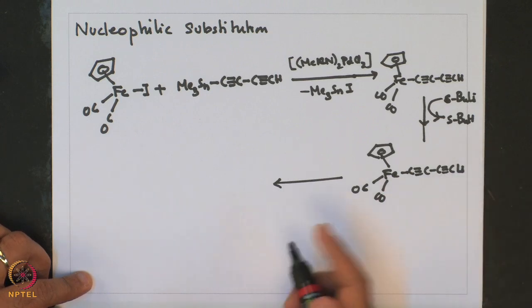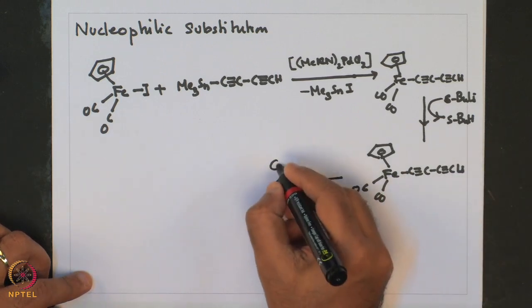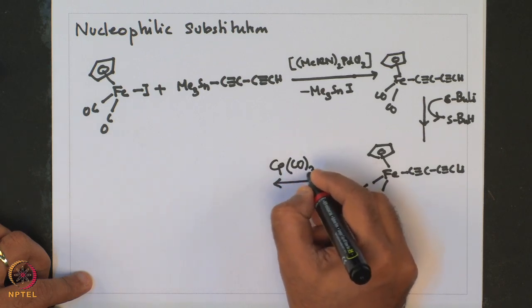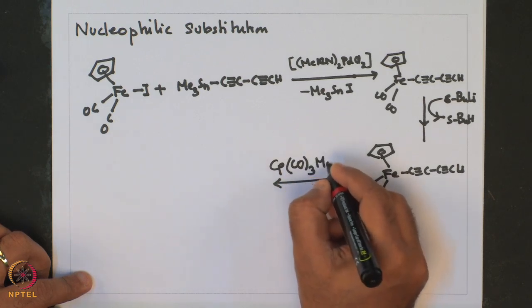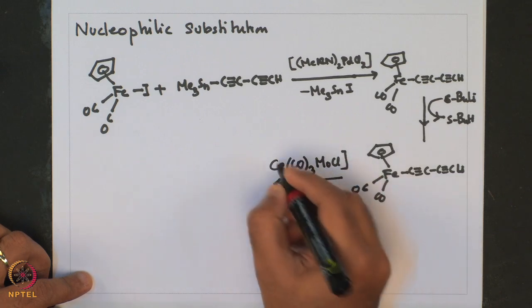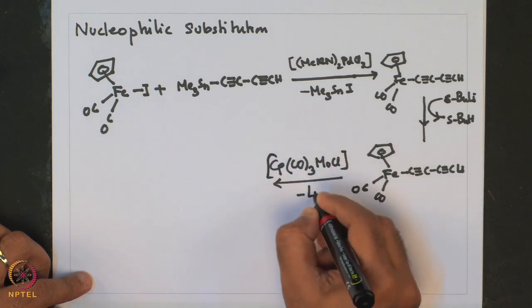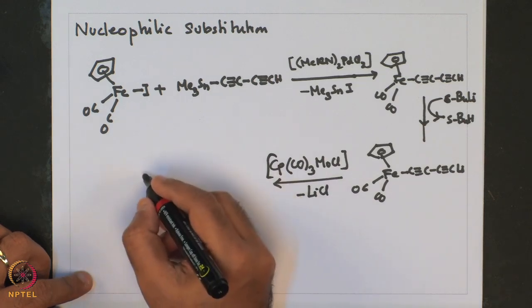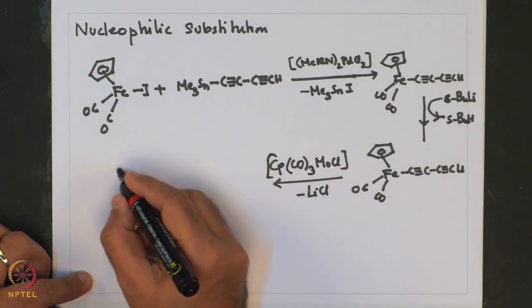Now, this lithiated complex reacts with Cp tricarbonyl molybdenum chloride, eliminating lithium chloride to give this heterobimetallic complex.